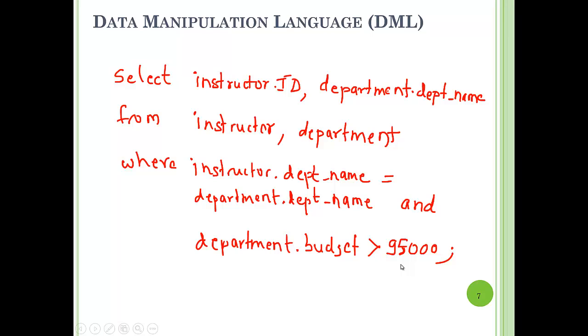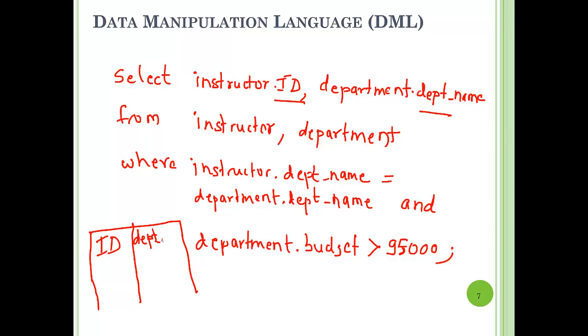So as the result of this, I will get 2 columns because I have mentioned here ID and department name. So whatever name, variable name or user defined name you have written while deriving the schema, that name is displayed over here, ID and department name.